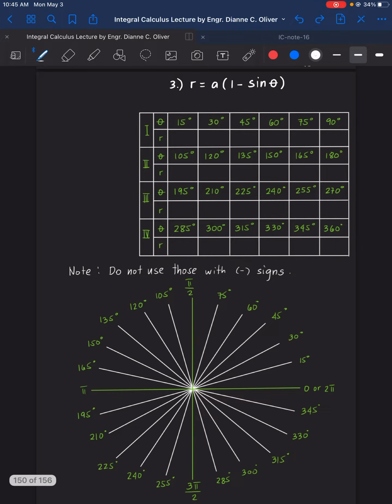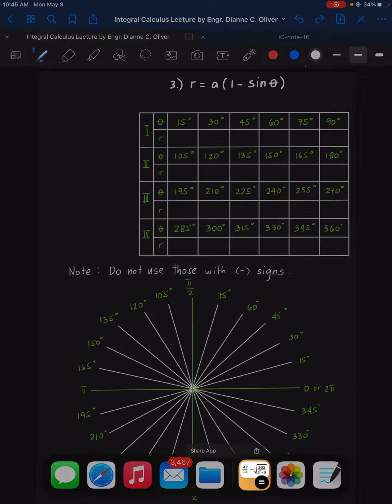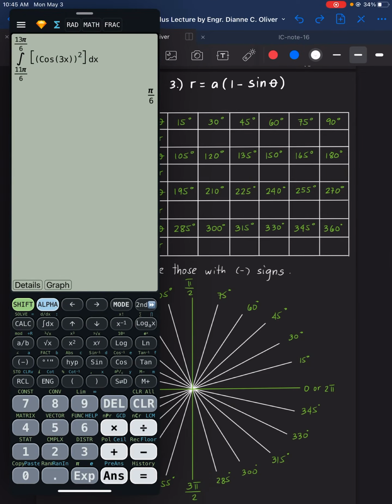Let's go to number 3. We have there r is equal to a times 1 minus sine theta. Again, let's fill the table. Clear. Going back to degree mode. Again, warning, this is degree mode.